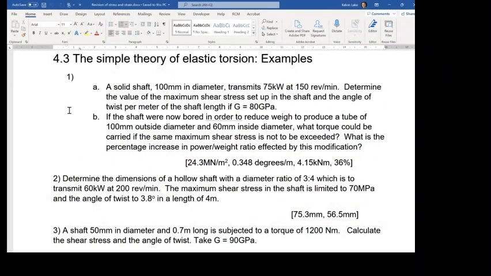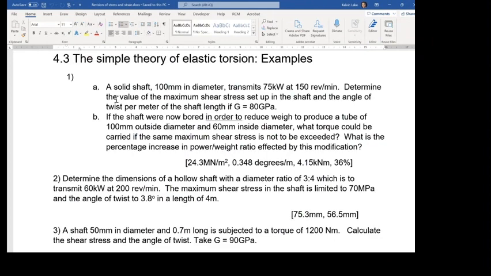So let's have a look at some examples using the simple theory of elastic torsion. Question number 1. A solid shaft 100 millimeters in diameter transmits 75 kilowatts at 150 revolutions per minute. Determine the value of the maximum shear stress set up in the shaft and the angle of twist per meter of the shaft if G is 80 gigapascals.